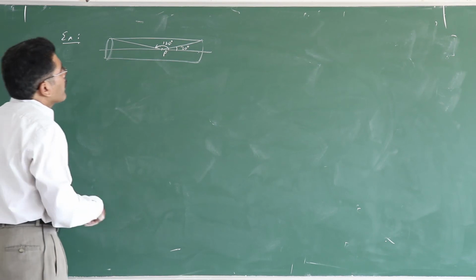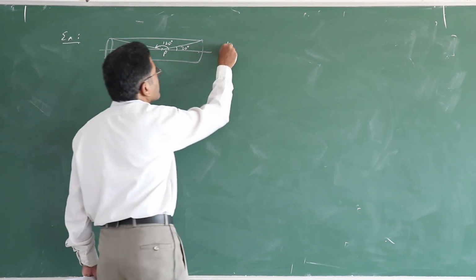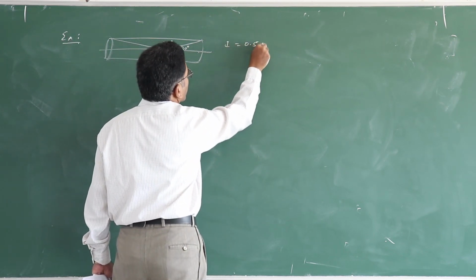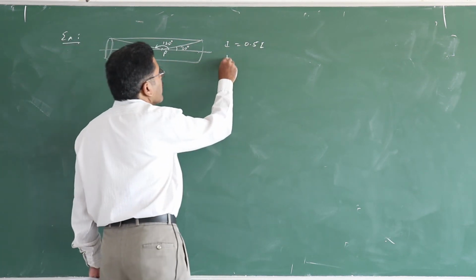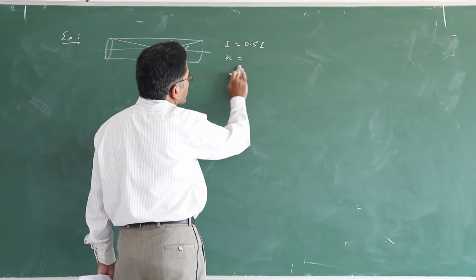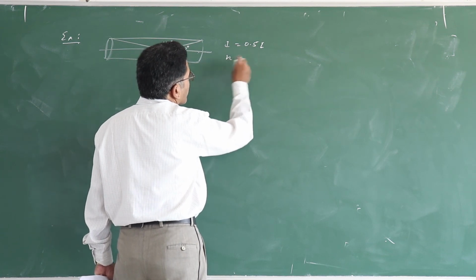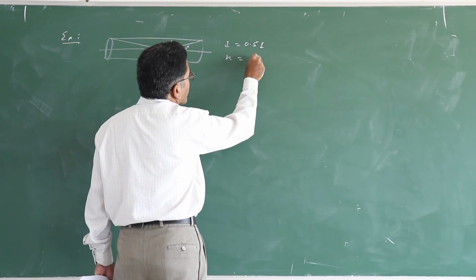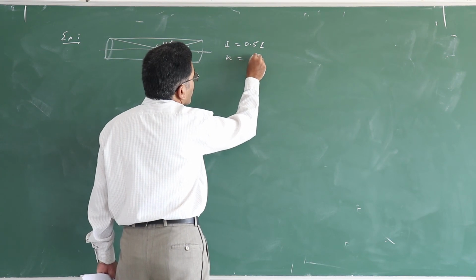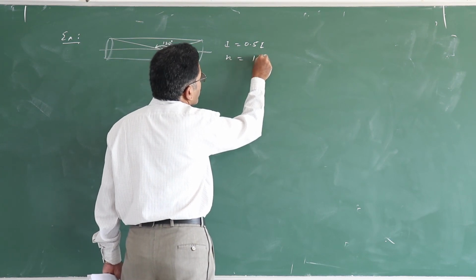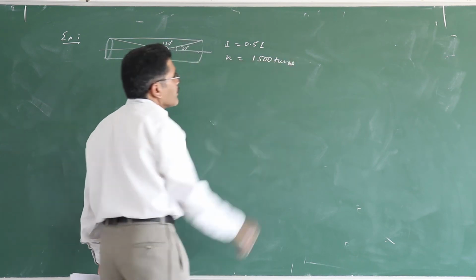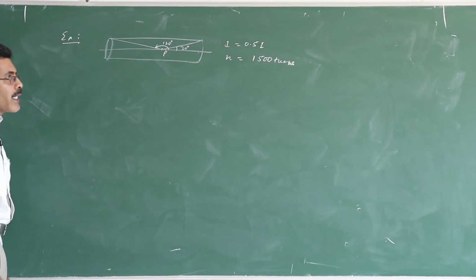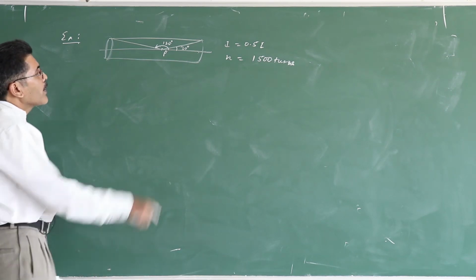Let the current flowing through this be 0.5 ampere and the number of turns per unit length be 1500 turns. They have given 1500 as the number of turns per unit length. You have to find the magnetic field.